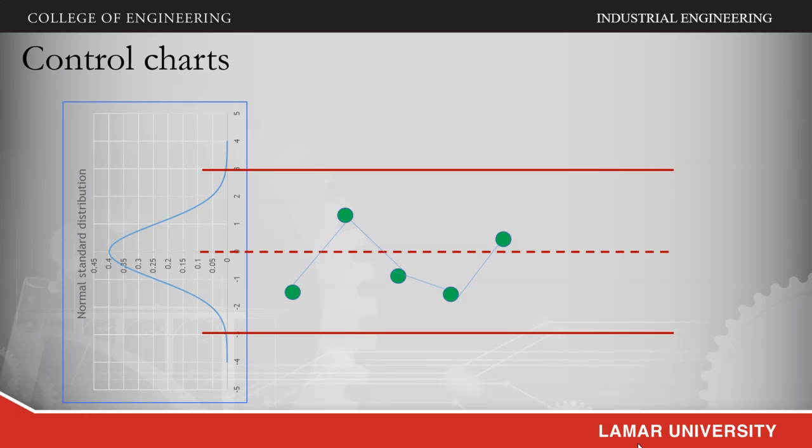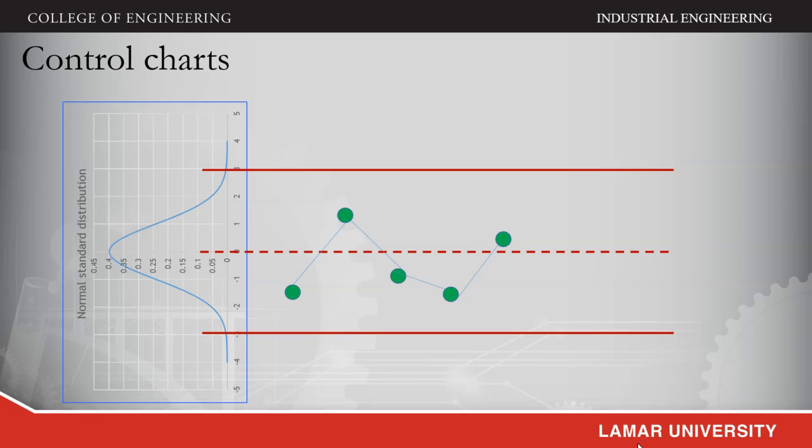And so that's not a very likely event, and the logic is, if that happens, then there must be some special cause that generated this event, and then we must stop the process and check what would be a possible explanation why we obtained such a measurement.